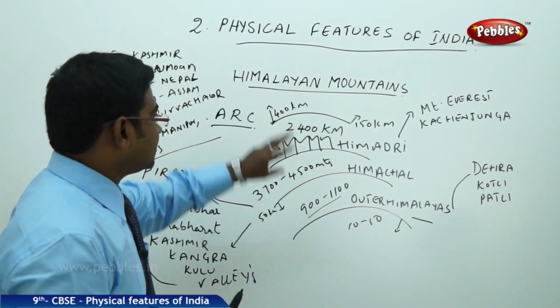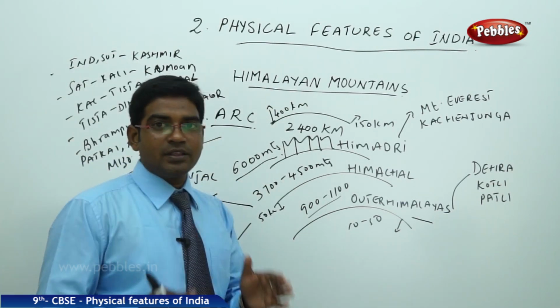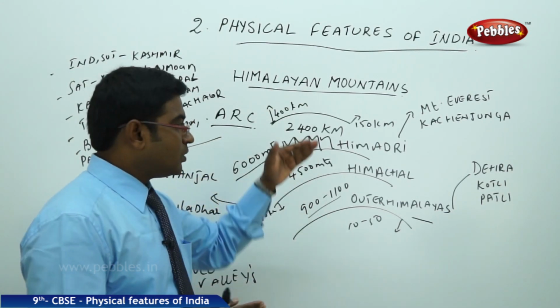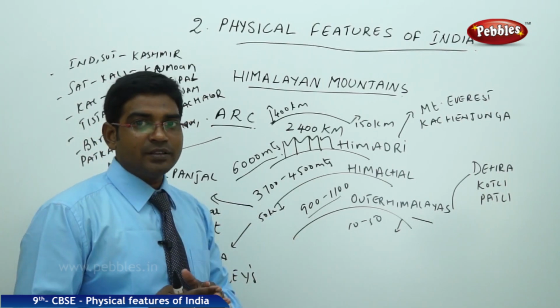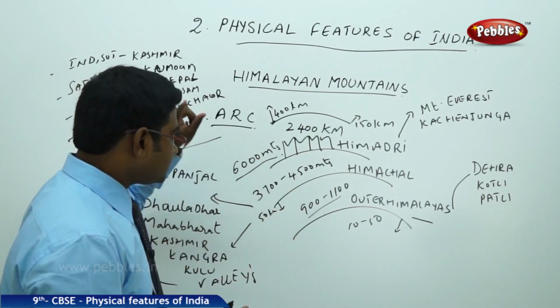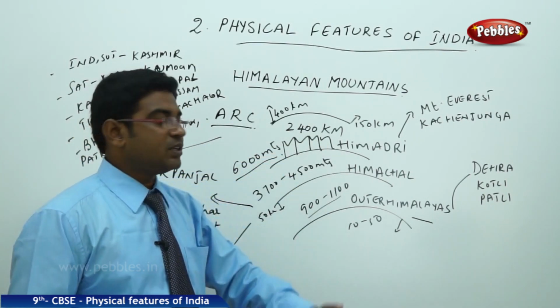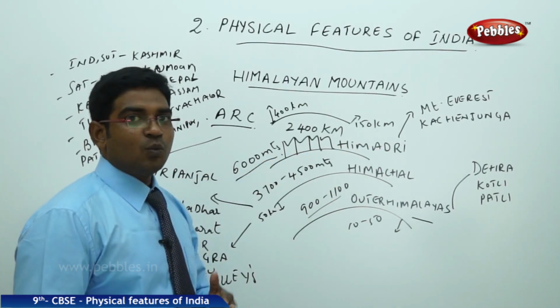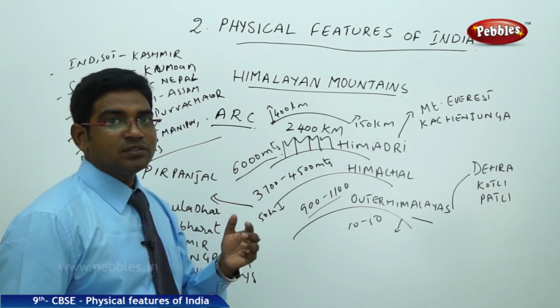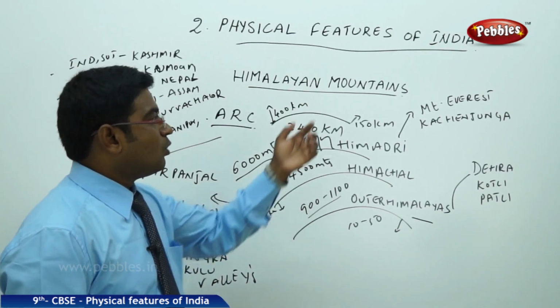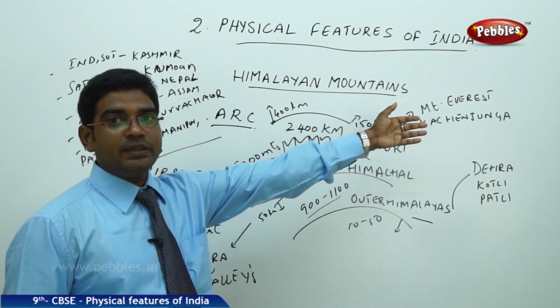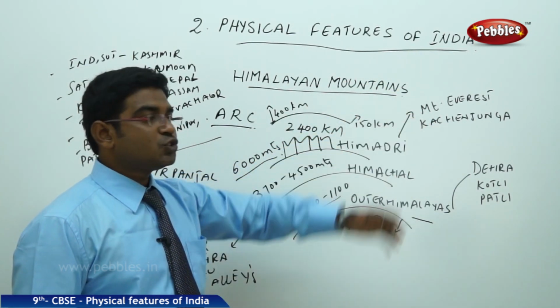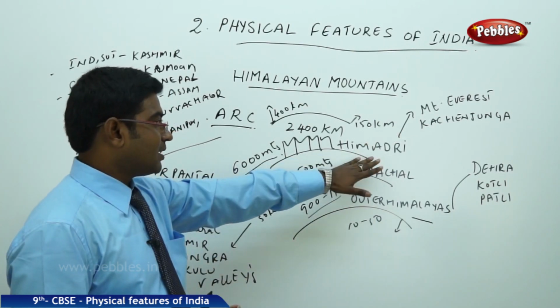It contains 3 major mountain ranges or parallel ranges, divided based on their height. So the first, the highest region, is the Himadri region, where the average height of the mountains is 6000 meters, while the world's topmost peak Mount Everest and Kanchenjunga are a part of Himadri.